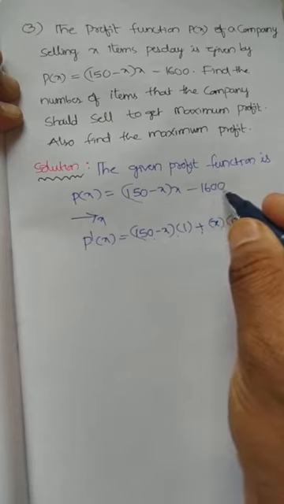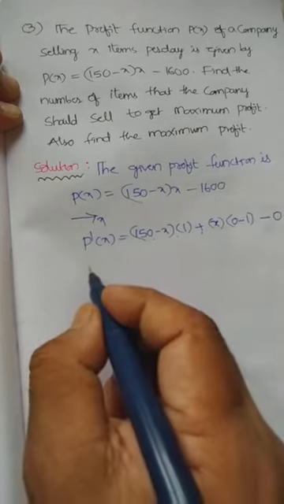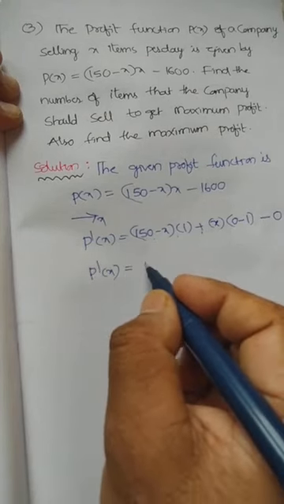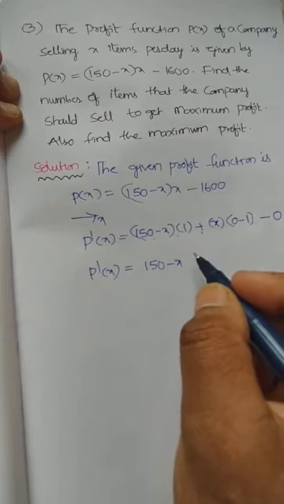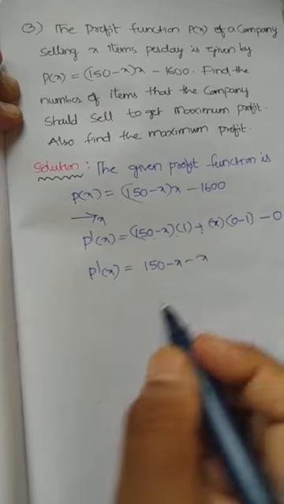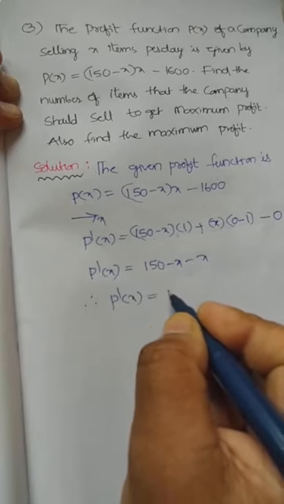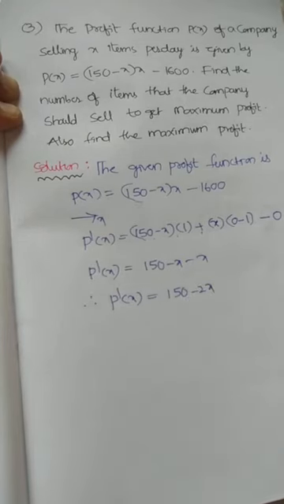And now the derivative of minus 1600 is 0. So P dash of x I got here is 150 minus x, again one more minus x. Therefore P dash of x is 150 minus 2x.